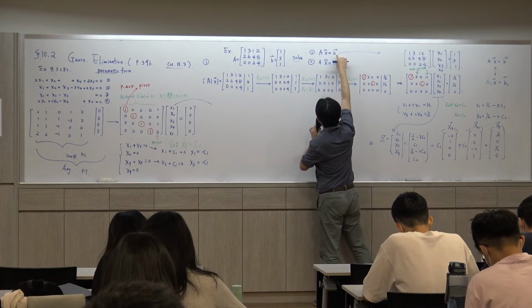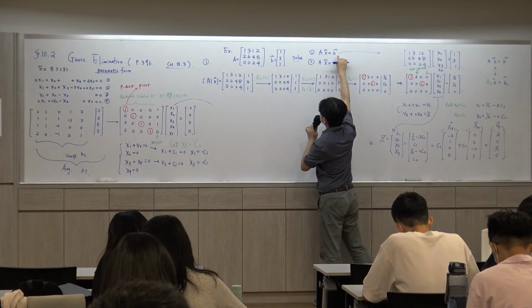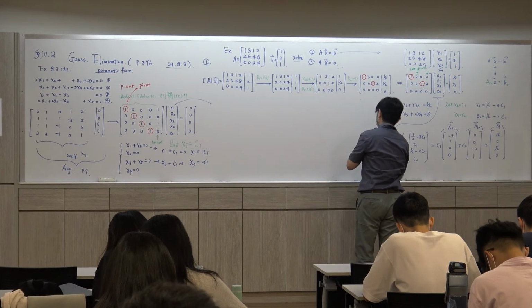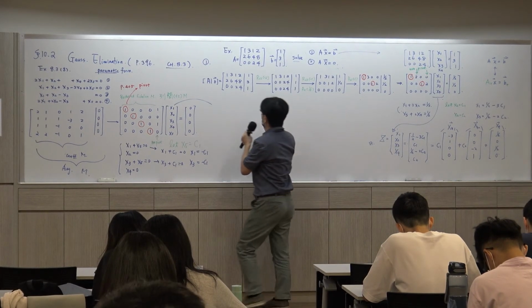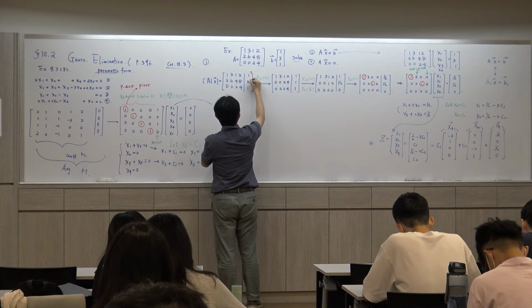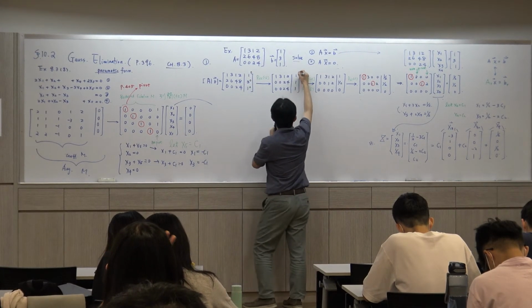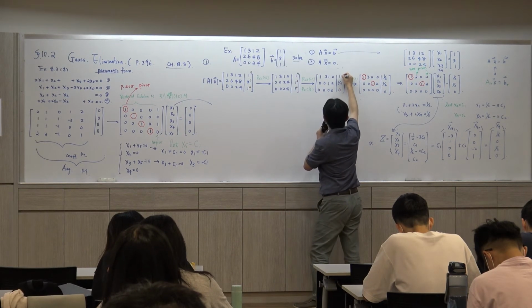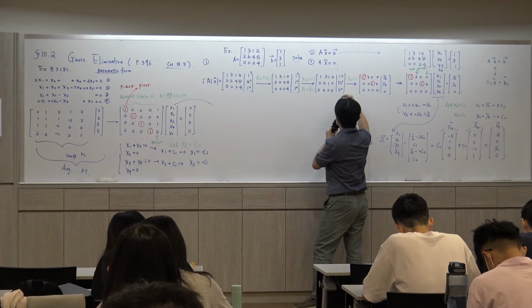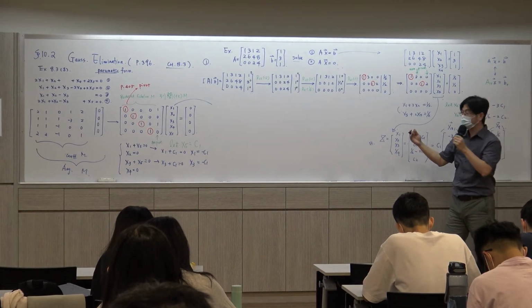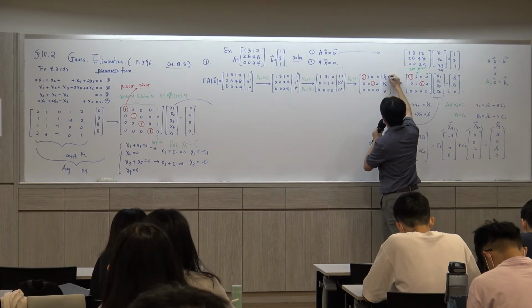Because if the B vector is replaced with 0, you can imagine all the elements here will become 0. So any operation will not change the 0, right?